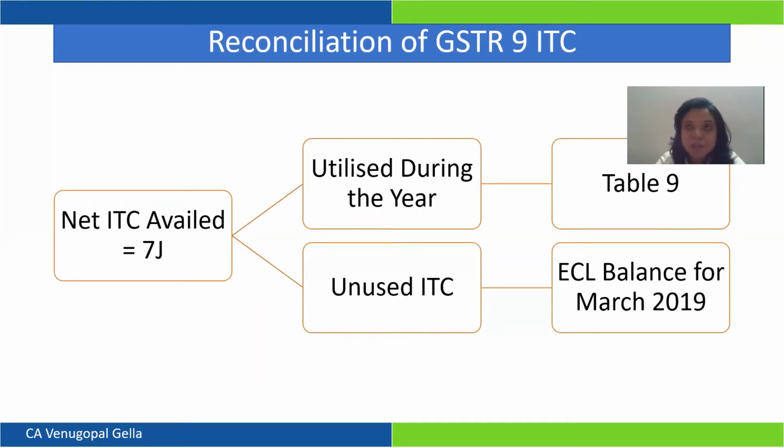So all the credits which are coming in 3B, let's say 1 crore credits, which I have availed in GSTR 3B, to the extent utilized would come in table 9. Table 9 is the tax paid table. And to the extent not utilized would be balance in electronic credit ledger.